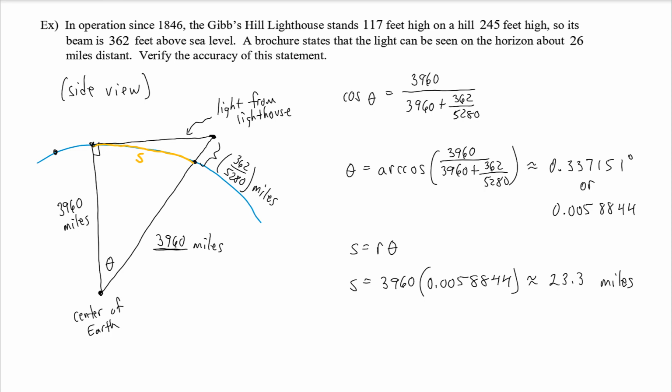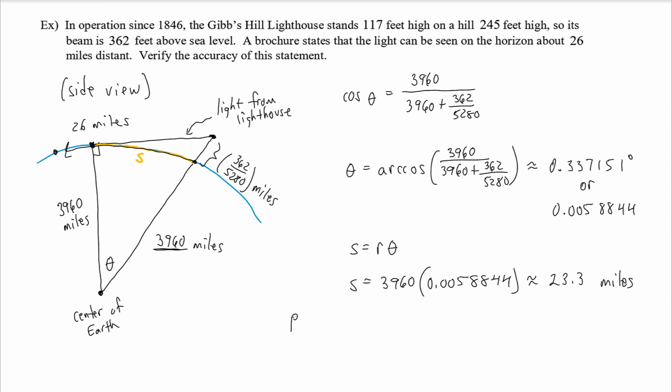Either way, this brochure says that if you're 26 miles away, you can see the light from this lighthouse, but you can't. The light starts to disappear at about 23.3 miles away.